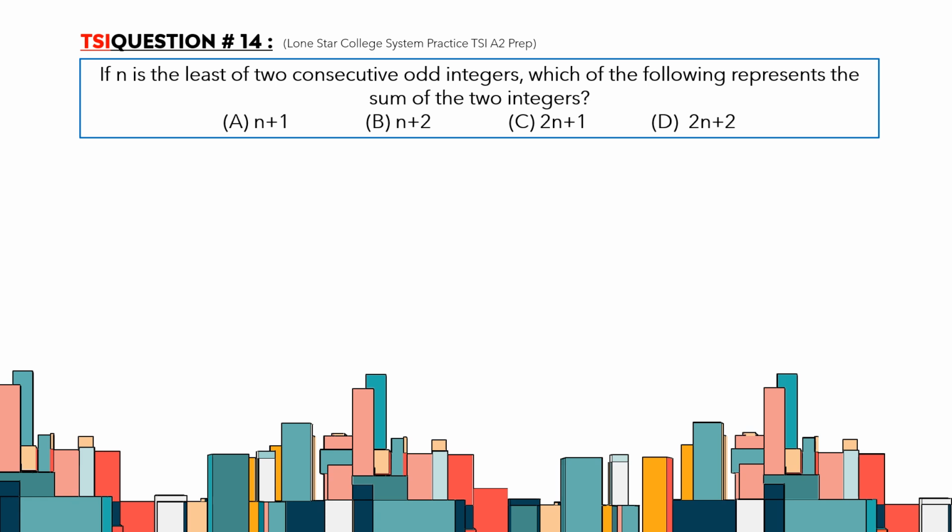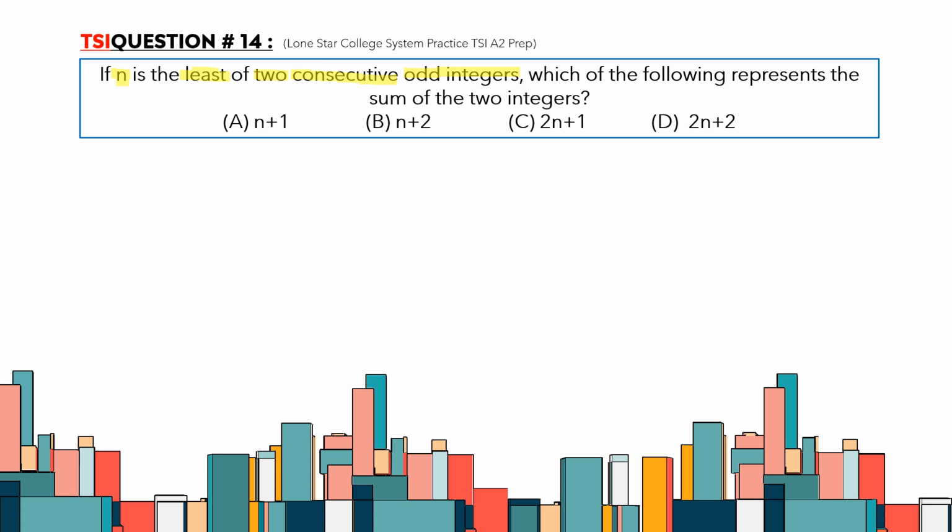So first of all, we have to know the keywords in these questions. So n is the least of two consecutive odd integers.